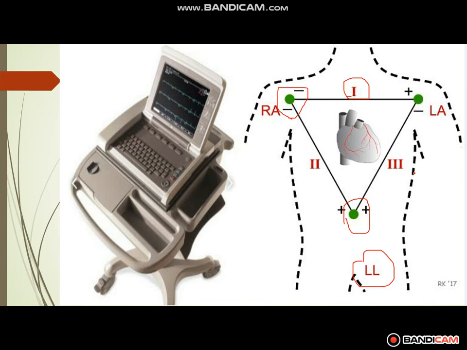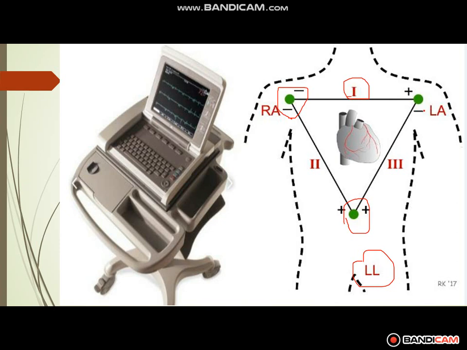You should know this triangle. It is called the Einthoven triangle, and you should know the leads, lead 1, lead 2, and lead 3, and where their positive and negative electrodes are located.